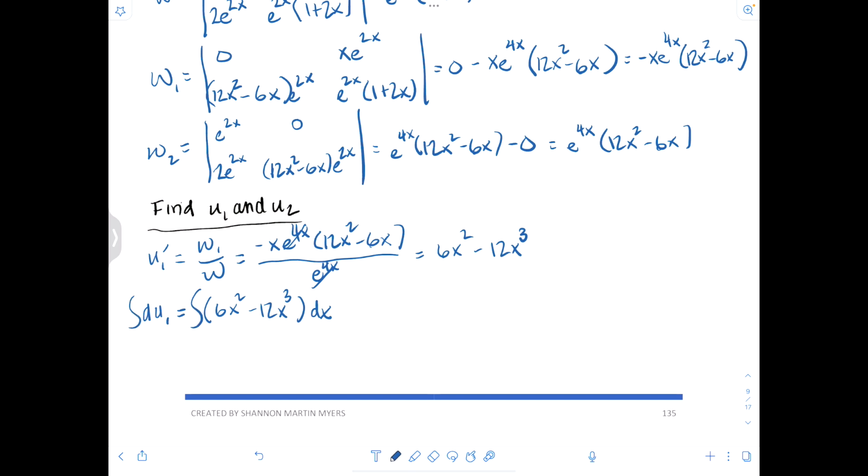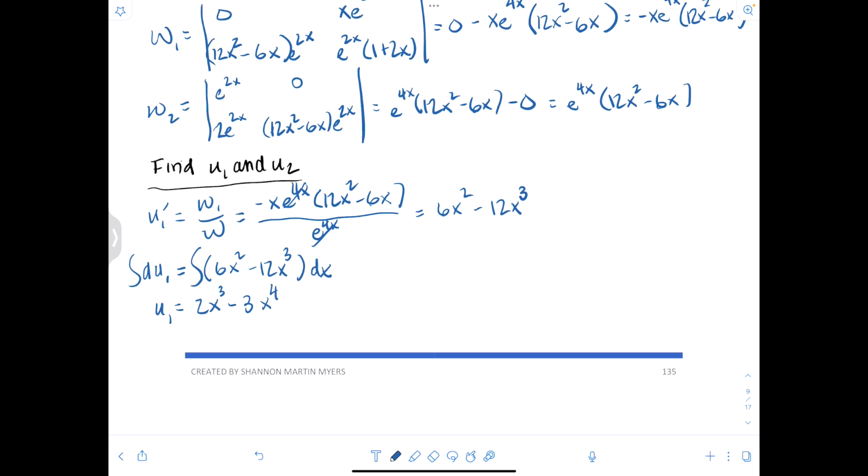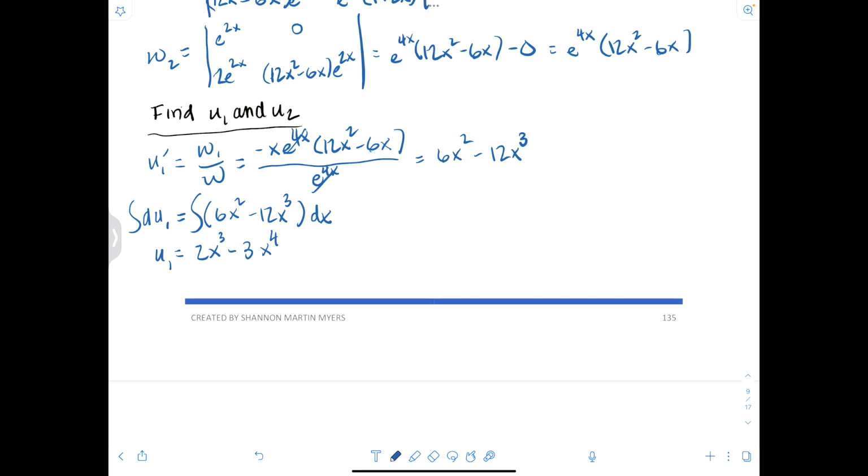And integrating both sides, we'll get u1 equals 6x cubed over 3, which is 2x cubed, and then 12x to the 4th over 4, which would be minus 3x to the 4th. That's nice after that last one, right?